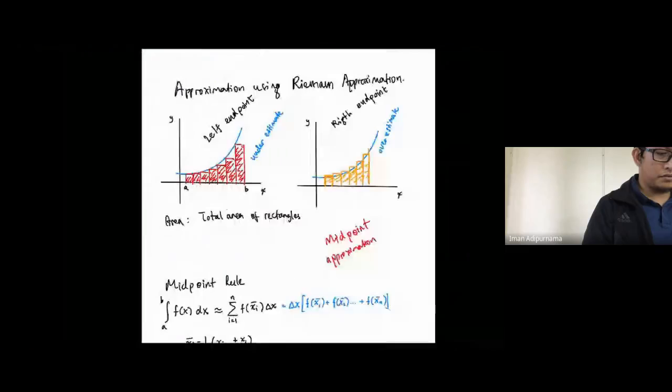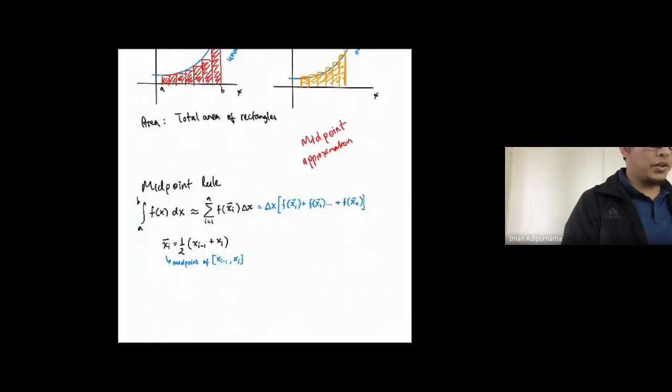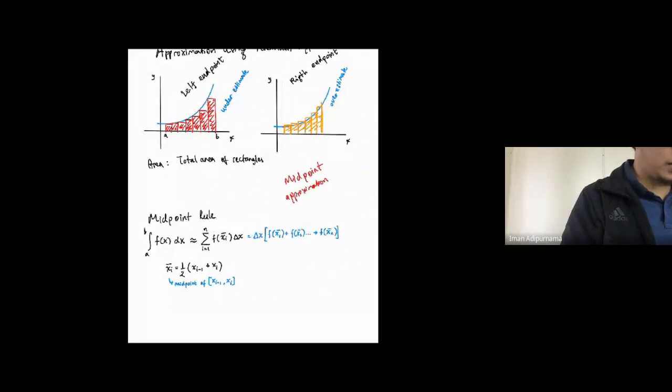Okay, so left, right, midpoint. Another one we call the trapezoidal rule.